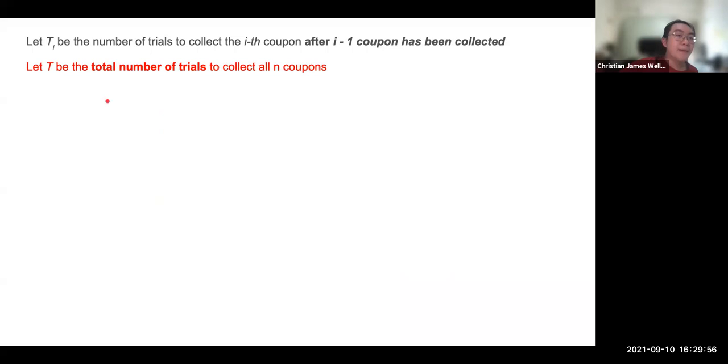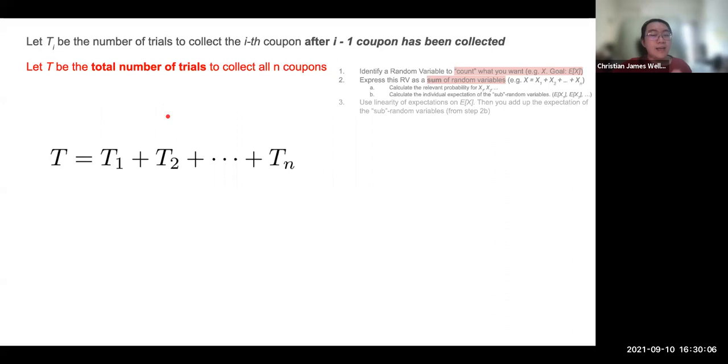Now remember, we are interested in the total number of trials. We want to keep trying until we collect every single one of the n coupons. And if you think about it, it is actually the accumulation of you trying until you get the first coupon. Now I've gotten the first coupon, then you try for the second coupon, then you keep trying until you get the nth coupon.